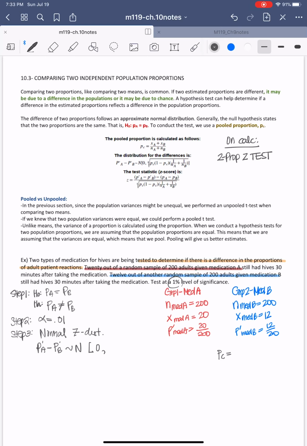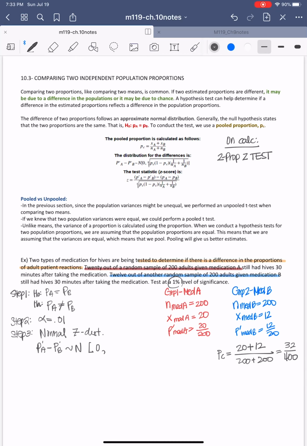So XA, so 20 plus 12. Here XA, XB. All over your NA and NB. So 200 plus 200. So this will be equal to 32 out of 400.